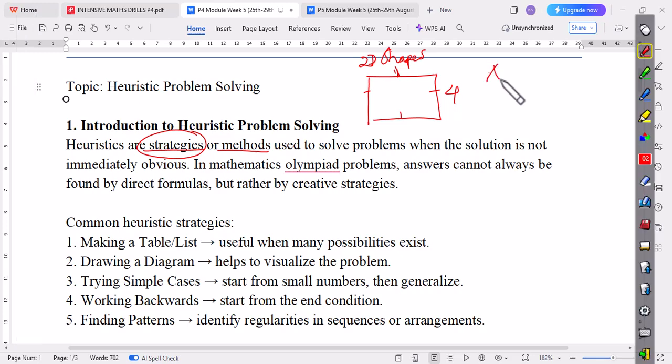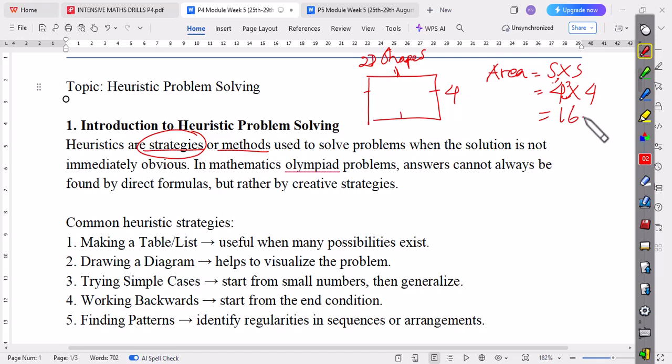What is the area? We can find the area directly. The area is side times side, 4 times 4 equals 16. So this is not part of heuristic problem solving.